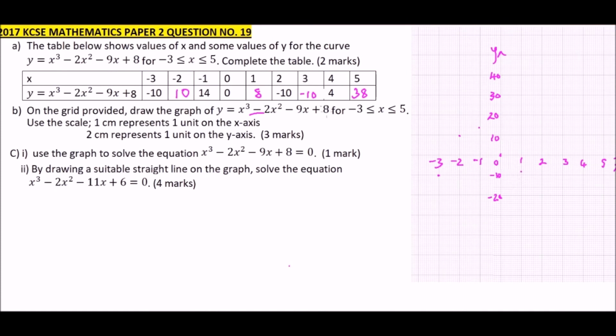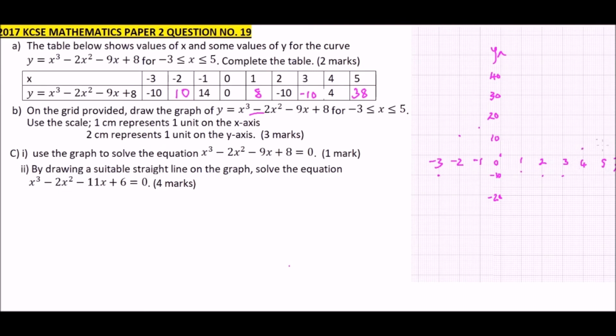When x is 2, y is −10, so it is there. When x is 3, y is −10. So we have our point there. When x is 4, y is 4. So that is where we have our point.